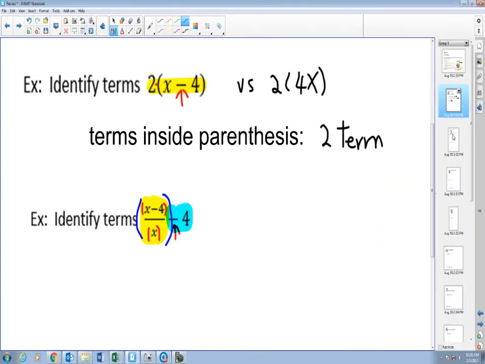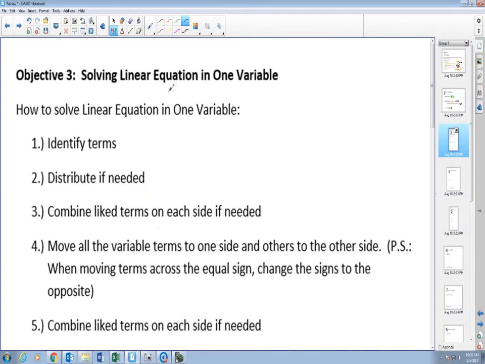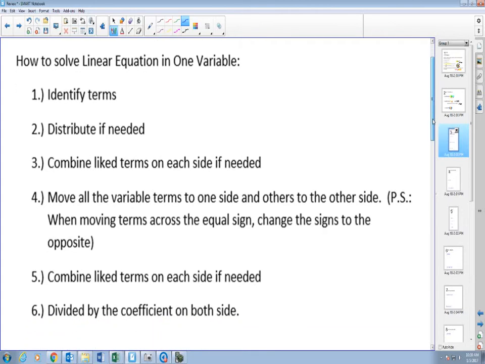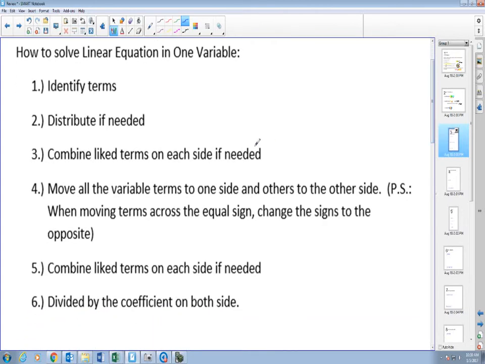Alright, the way I solve linear equations in one variable is slightly different. I write it out slightly different, and I will show you this in a minute. But normally, we have 6 different steps that we follow for solving linear equations. Figure out how many terms you got. Do some distribution or multiplication if needed. Combine like terms on each side of the equal sign.